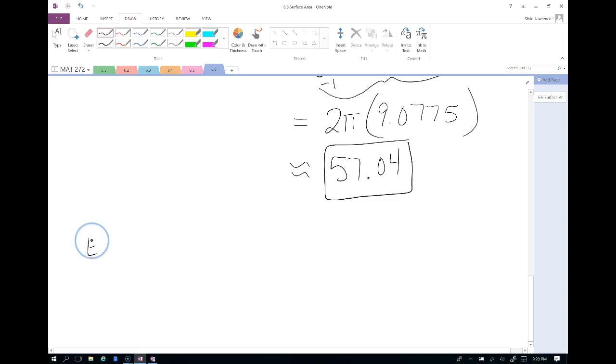And then let's look at how it'll be just a little bit different if we go around the y-axis.